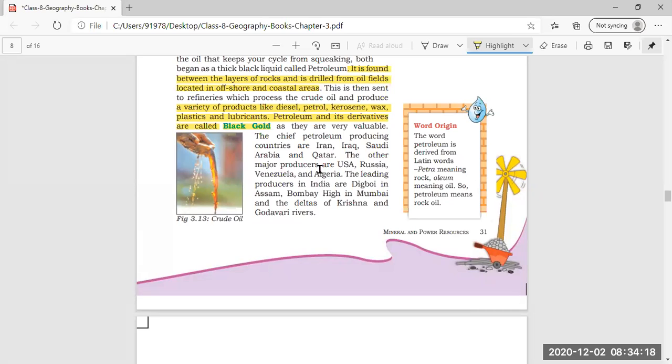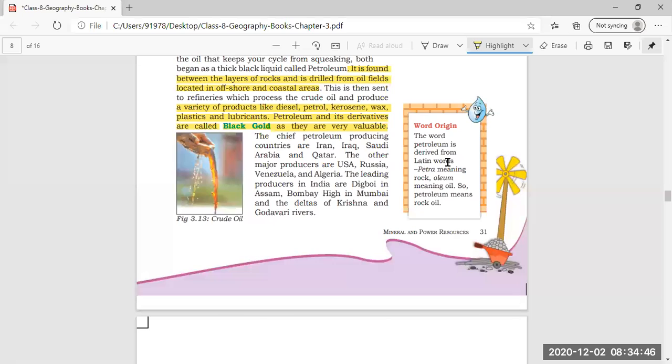Petroleum is called black gold because it is very valuable. Clear? The other major producers are USA, Russia, Venezuela, Algeria. The leading producers in India are Digboi in Assam, Bombay High in Mumbai, and the deltas of the Krishna and Godavari rivers.